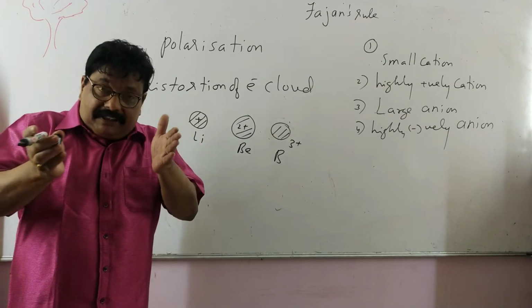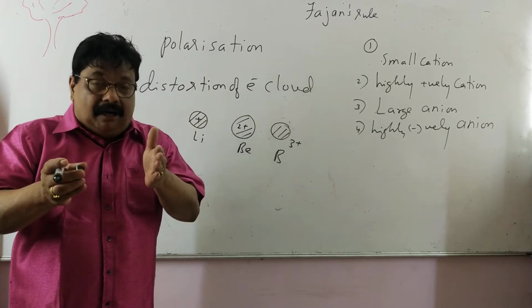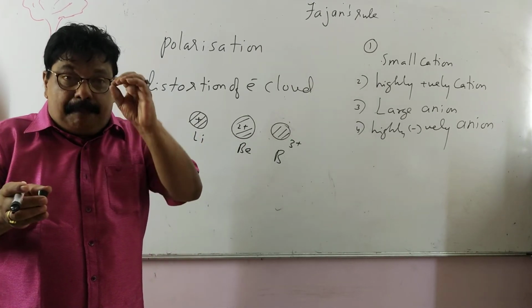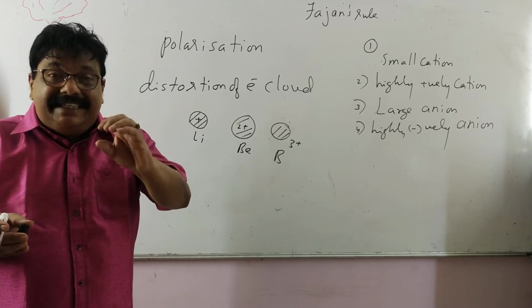So the smaller the size, the more the positive charge. The positive charge density will be more.